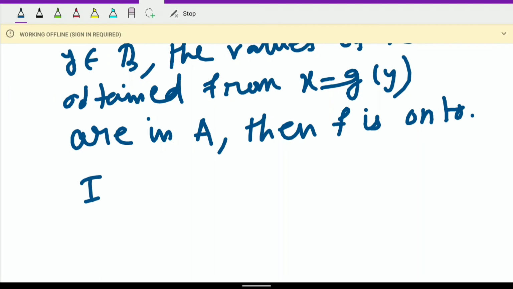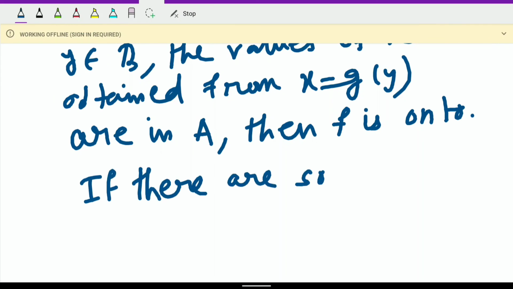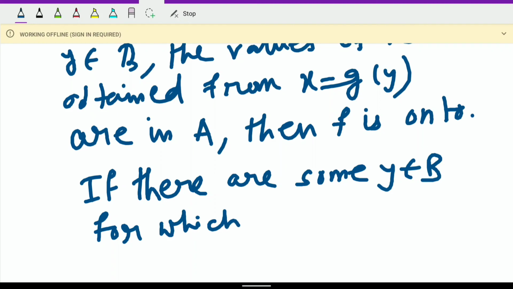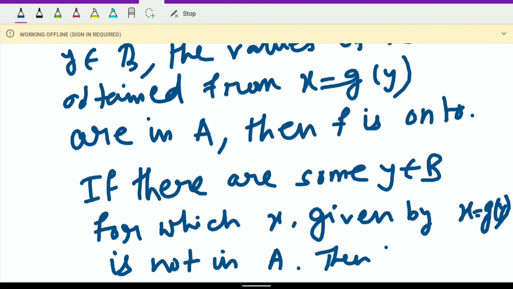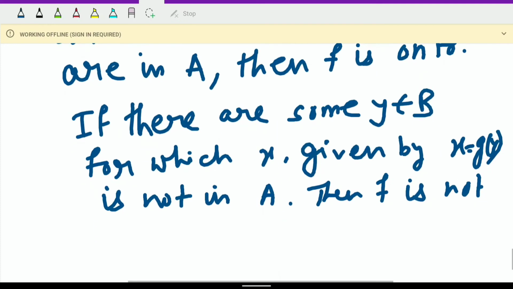And if there is some y that belongs to B for which x given by x equals g of y is not in A, then f is not onto.